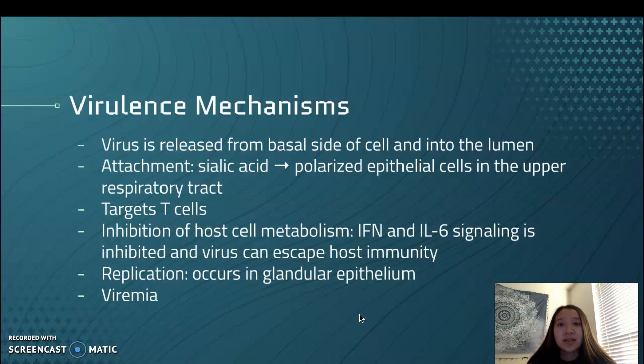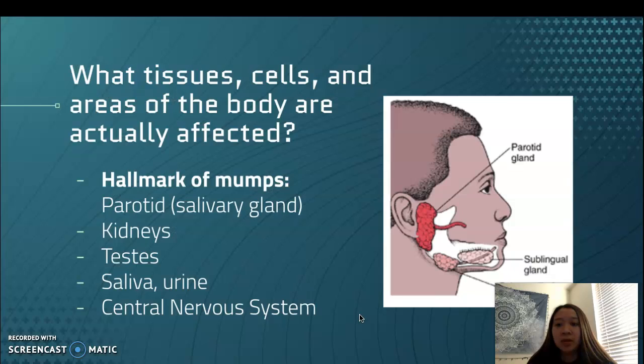Because of this, the bloodstream can carry those viruses to other tissues, other glands, and other parts of the body, such as the parotid gland, which is the hallmark of mumps or the primary site of infection. And viremia can carry these viruses to your kidneys, to your testes, and then the virus is ultimately excreted via the saliva and the urine. And it can also affect your central nervous system as well.